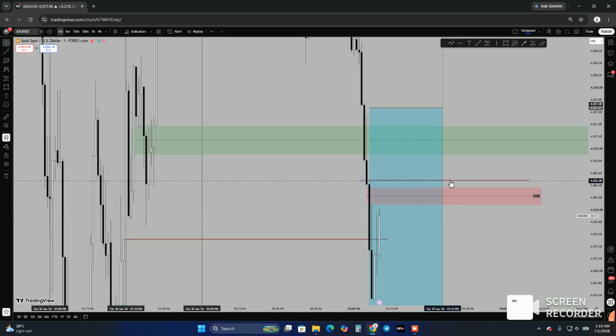But I don't want to see price go above this high. If it goes above this high, then I don't like to trade in this situation. It could be a shift up in the structure.